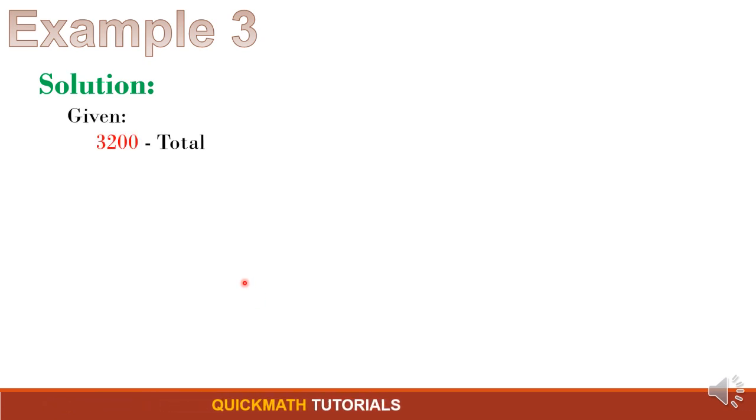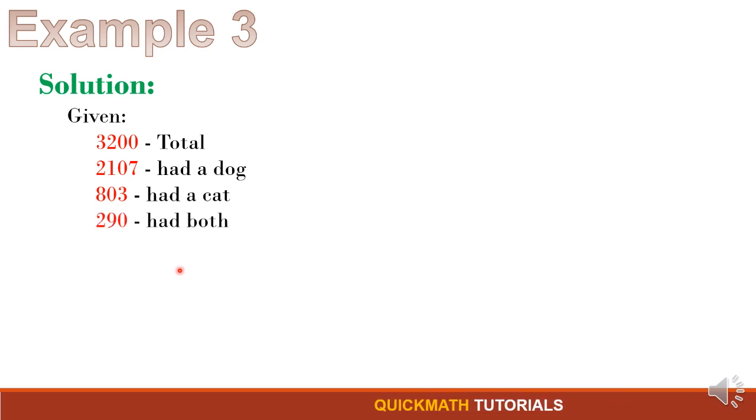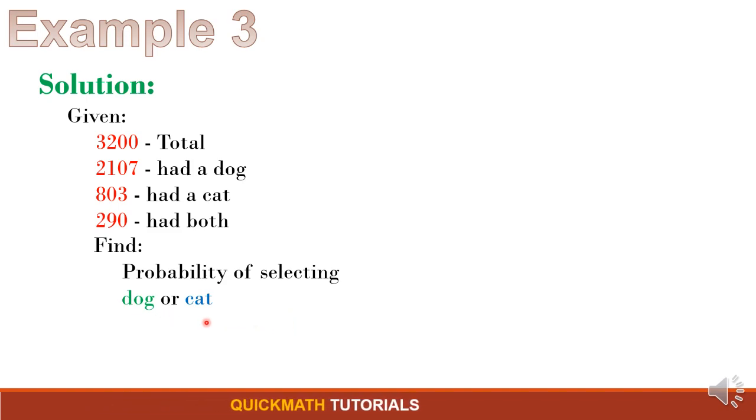So we have 3,200 as a total, 2,107 had a dog, 803 had a cat, and 290 had both a cat and a dog. So we are asked to find the probability of selecting a dog or a cat.